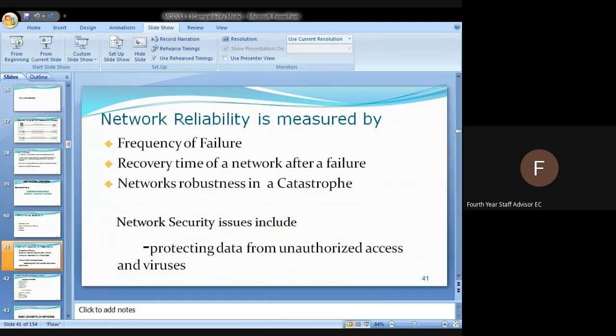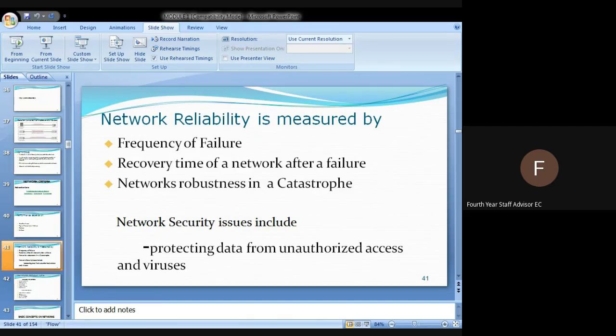No, right? So network reliability depends on the frequency of failure. Now the second one is, if a network fails, how fast it can recover from that failure. If it is not recovering at all, then it is of no use to the user either. So that recovery time is very, very important.